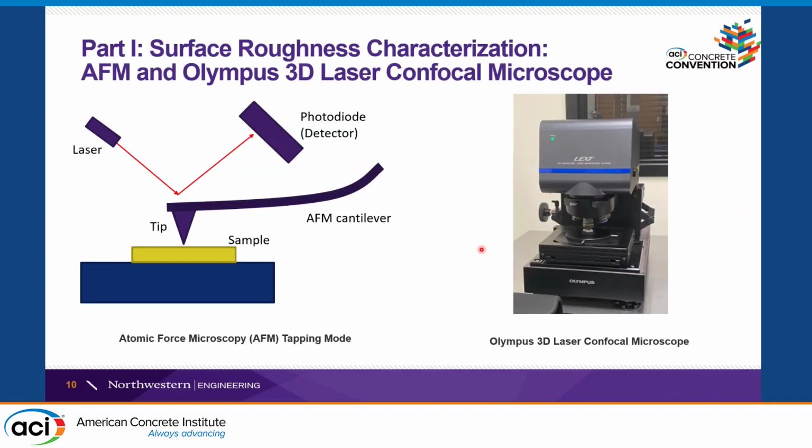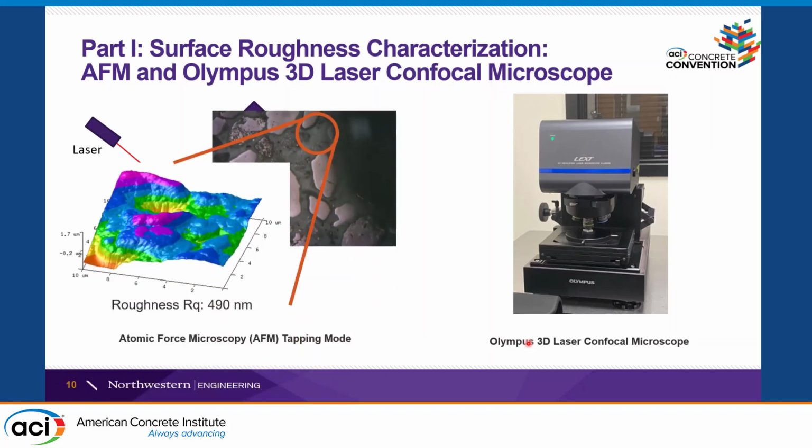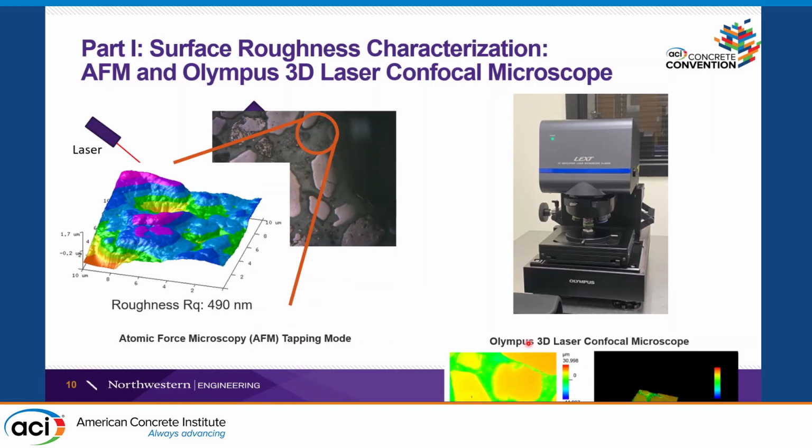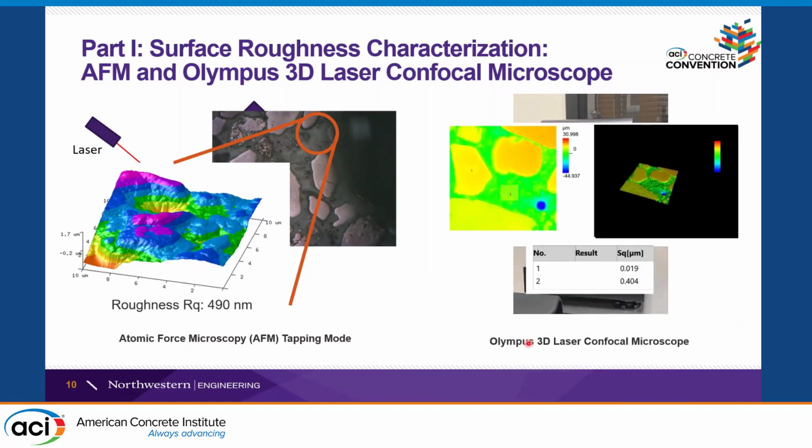We can use either atomic force microscopy tapping mode or the Olympus 3D laser to acquire the topography of this surface. And this is a usual result from the AFM and a usual result from the confocal microscope. They have similar resolution in terms of what roughness you can calculate with both systems.